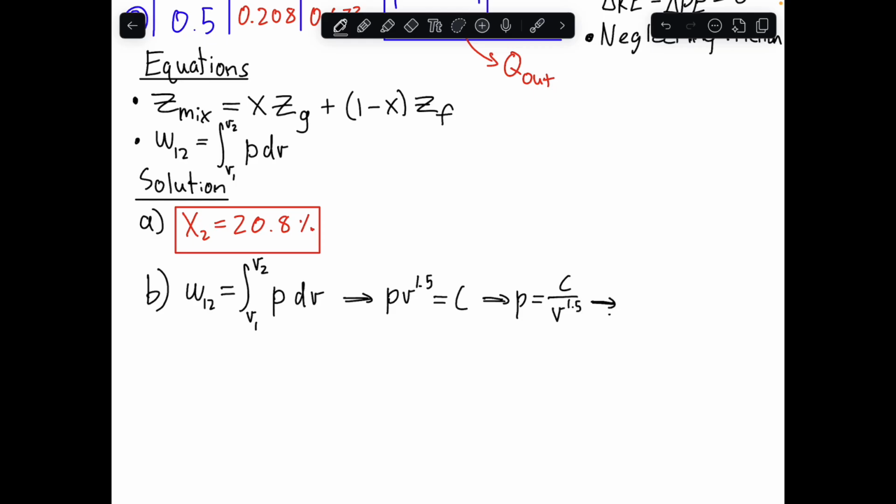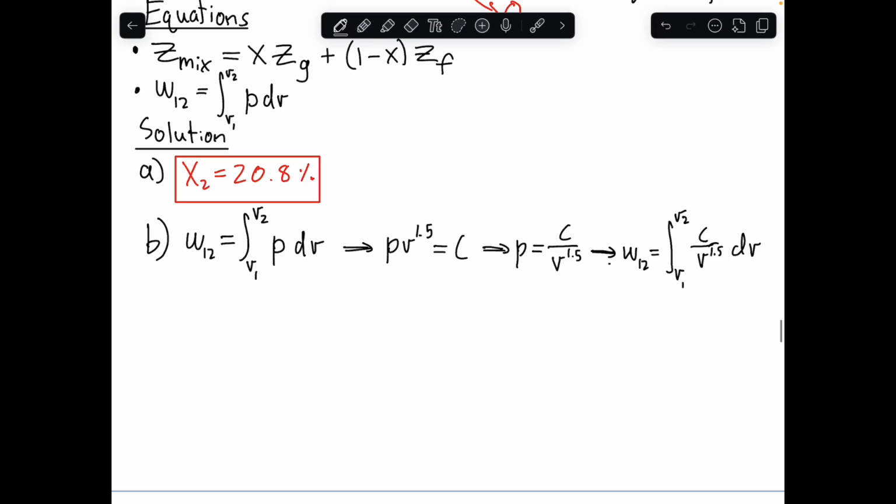And so now we can write a new equation for work, substituting that pressure in. Work from 1 to 2 is equal to the integral from V1 to V2 of C over V to the 1.5 with respect to specific volume. So I just plugged in this P into that equation.